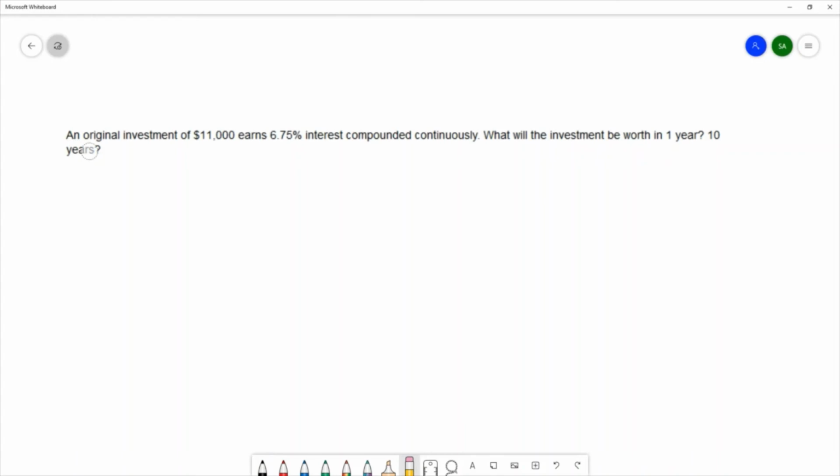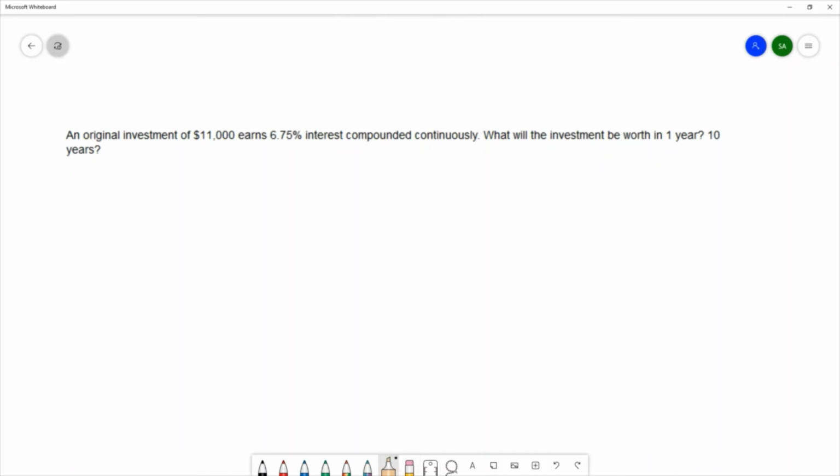In this question, we have the original investment of $11,000 earns 6.75% interest compounded continuously. What will the investment be worth in 1 year and also in 10 years?